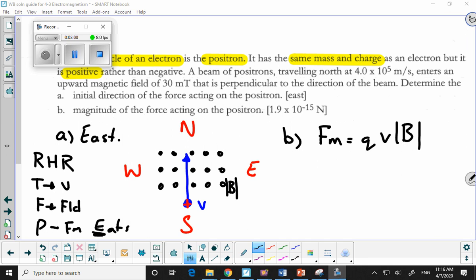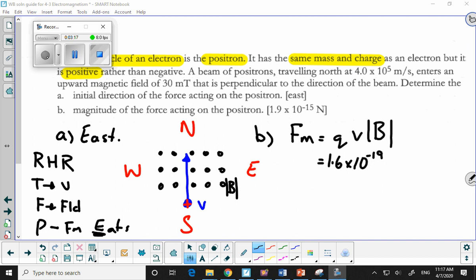Okay, for question part B, magnitude of the magnetic force acting on the positron. So Fm is equal to QVB. That means that Fm is going to equal the 1.6 times 10 to the minus 19 times the velocity, which was given as 4.0 times 10 to the 5, times the magnitude of the magnetic field, which they give us as 30 milliteslas.